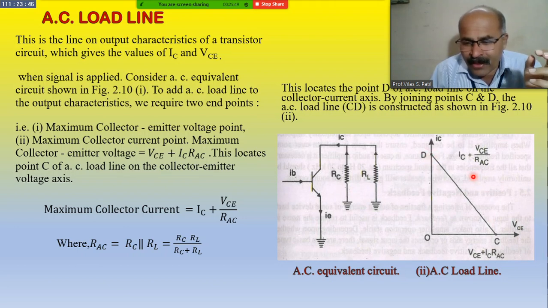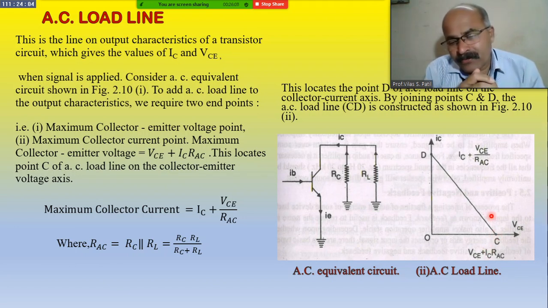This line, when it intersects the IC axis at position D, defines the value of IC. At the same time, the intersection of the line with the x-axis, that is C, determines the position of VCE.